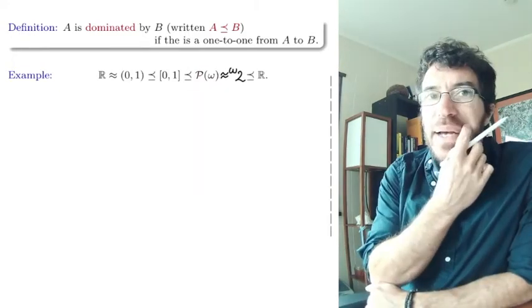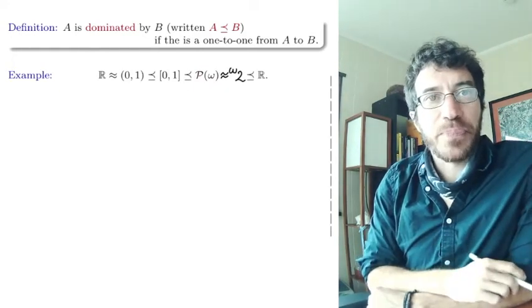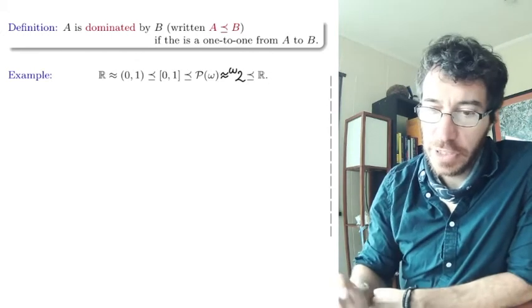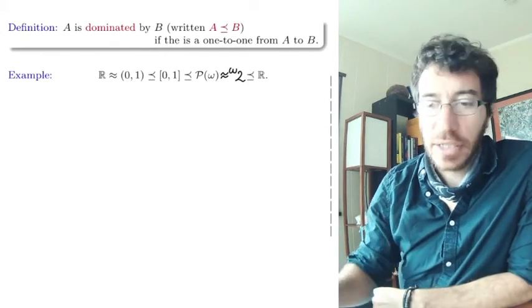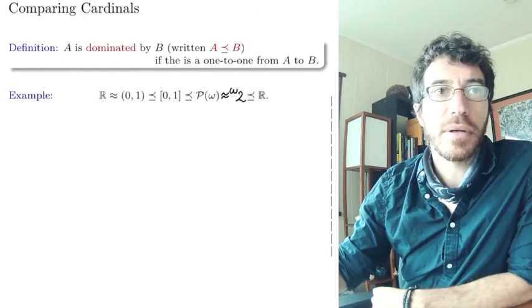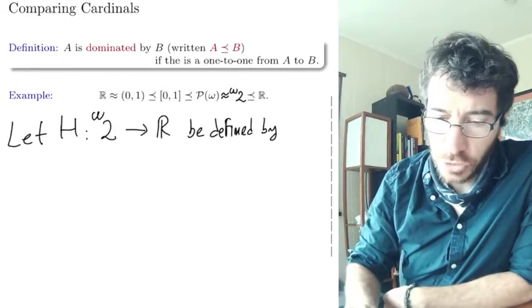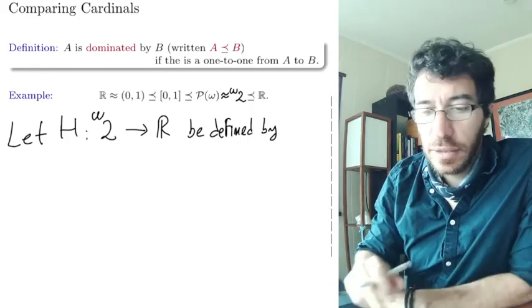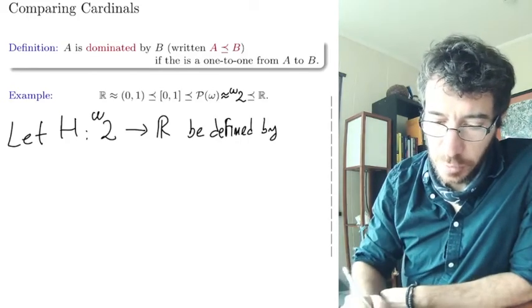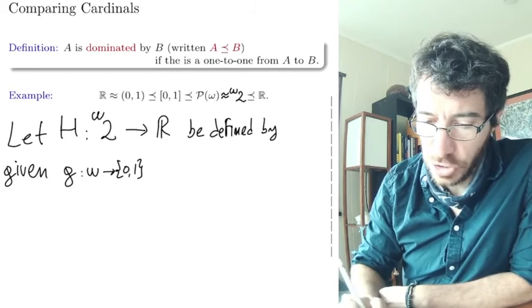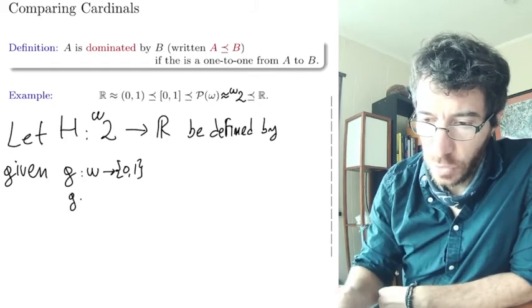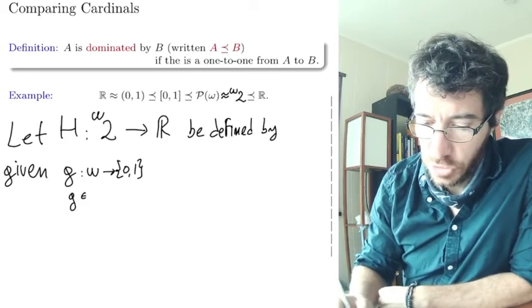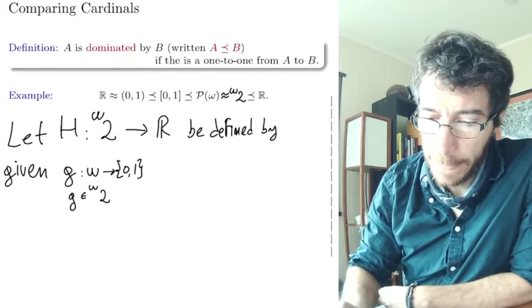Okay, and what about the last domination over there? Well, what we have in here is, so consider the function from the set of functions to R defined by the following formula. Given a function g from omega to {0, 1}, that's the same thing as saying g belongs to 2 to the omega.